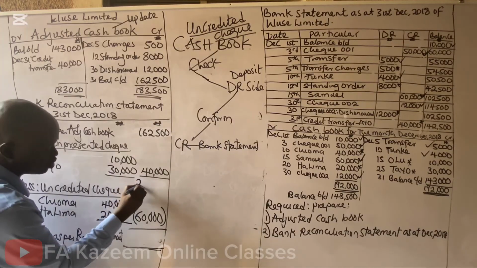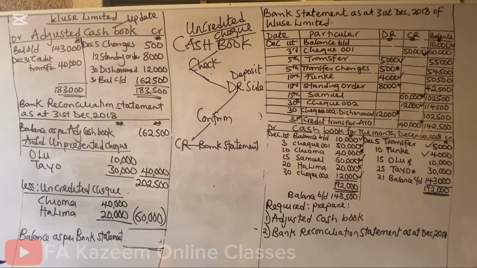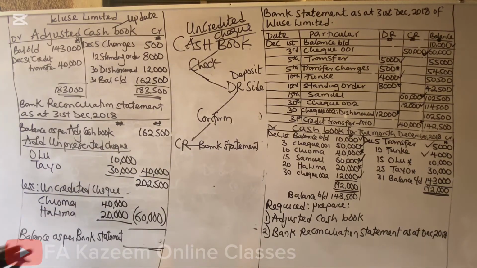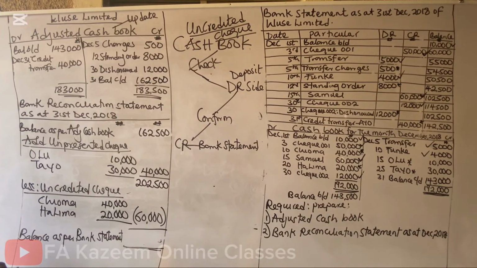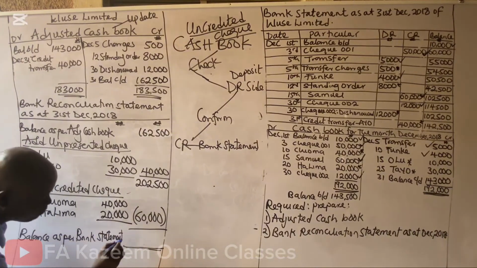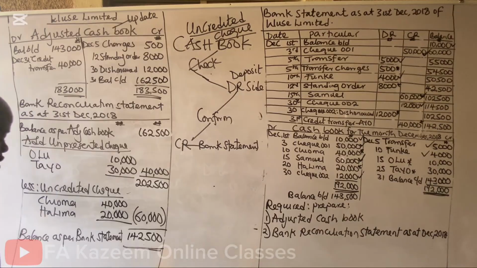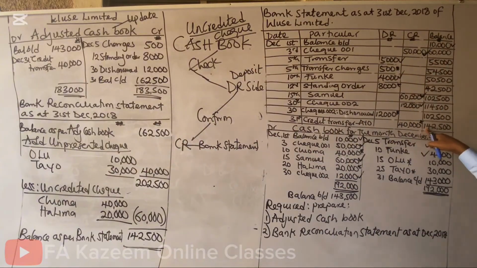That should be 202,500. Am I correct? 162,500 plus 40,000. What do you have in the calculator? 202,500. Now minus 60,000. What do we have? 142,500. We are correct. Now, balance as per bank statement is 142,500, which is equivalent to what is here.